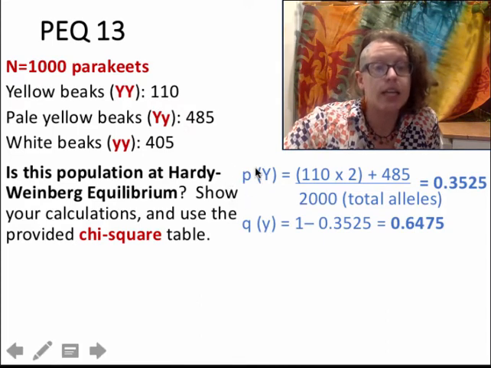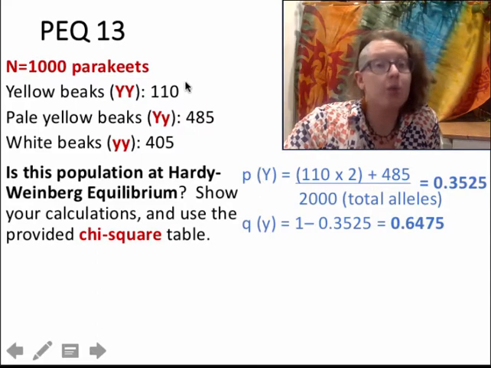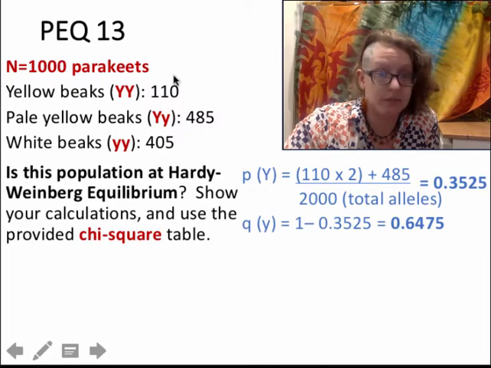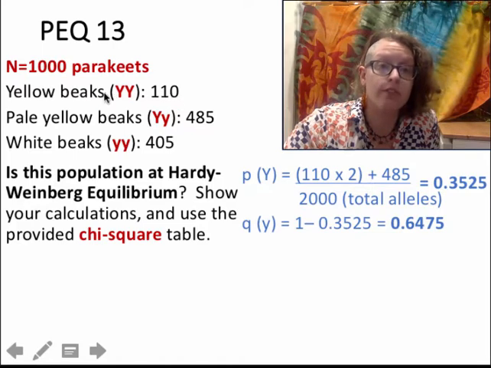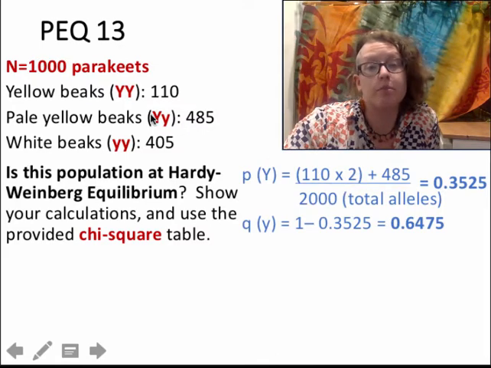P is just the number of big Y alleles added together and divided by the total alleles. So there are 110 individuals that have 2 of these. So we're going to take 110 multiplied by 2. There are 485 that only have 1. So we're going to add 485.